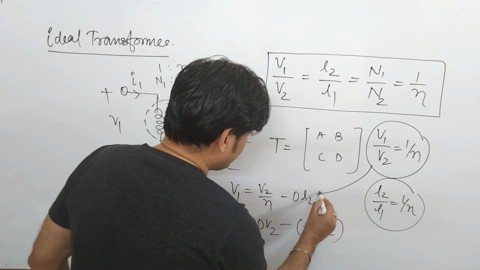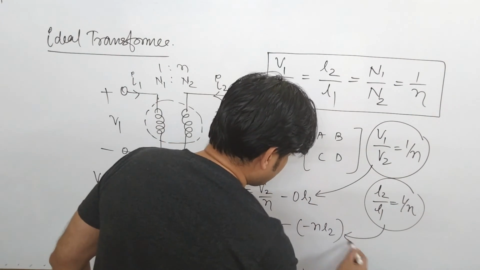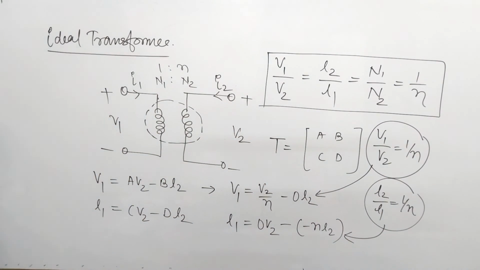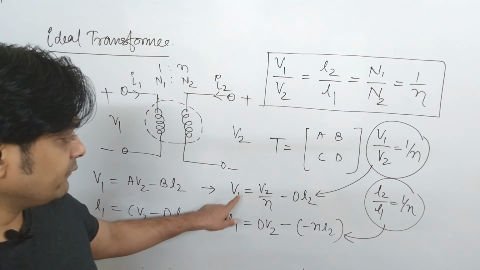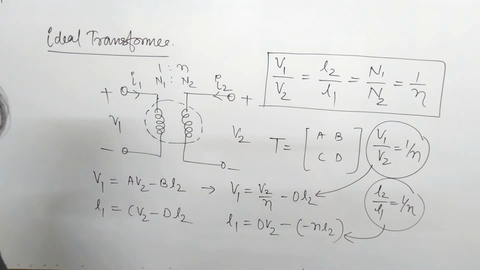This I have made from this equation, and this I have made from this equation. I1 is simply 0 V2 minus N I2, and V1 is equal to V2 by N minus 0 I2.